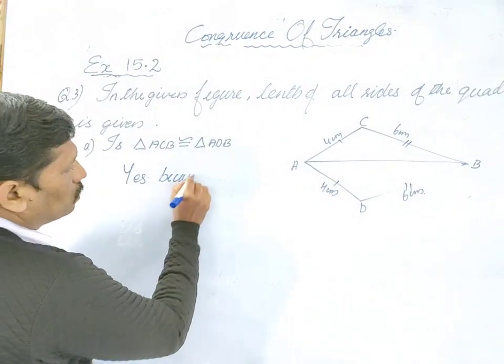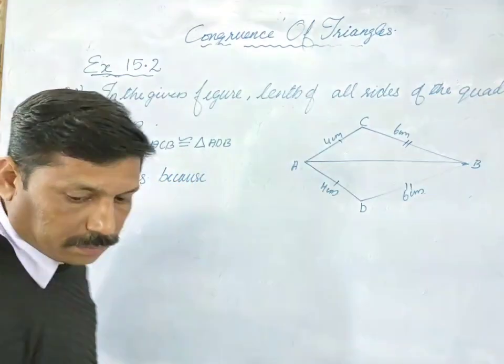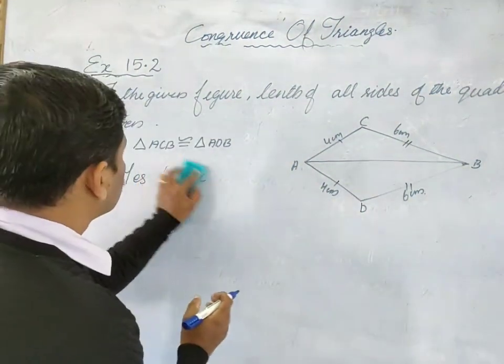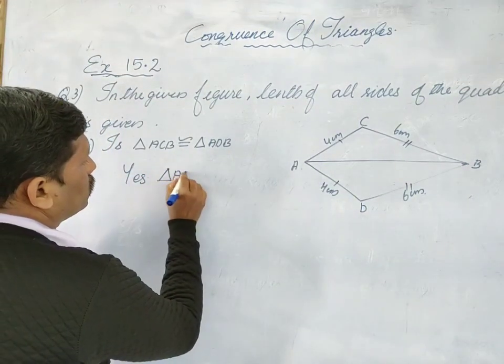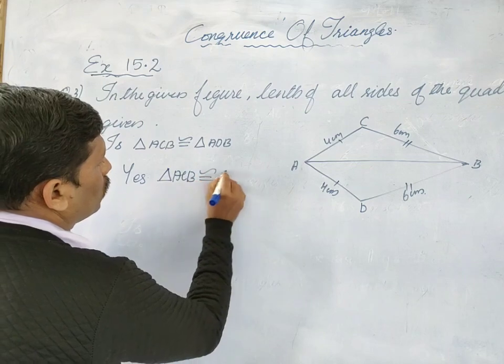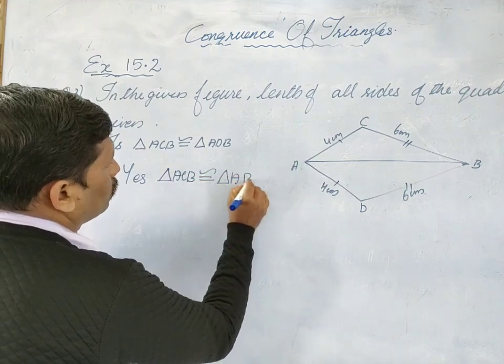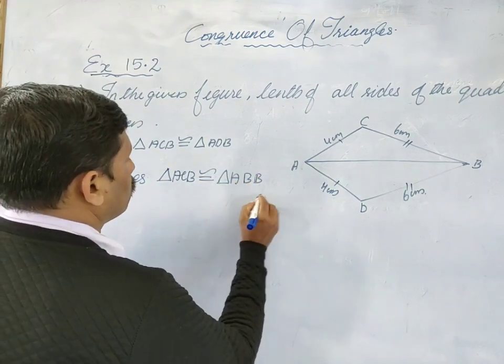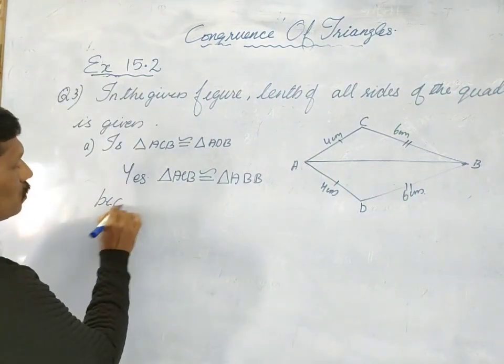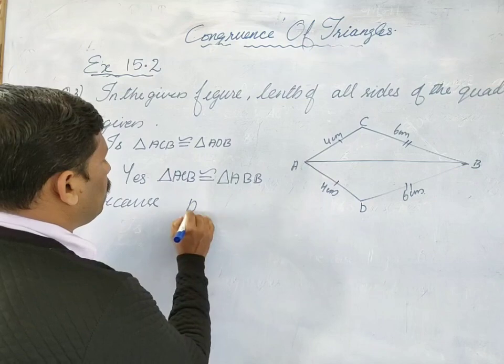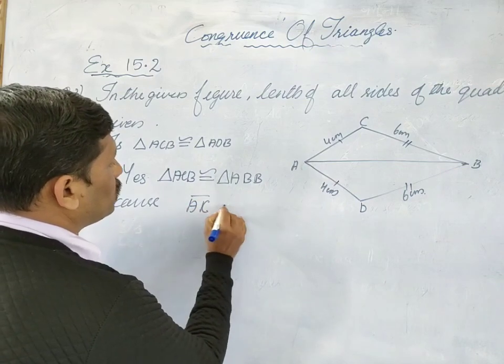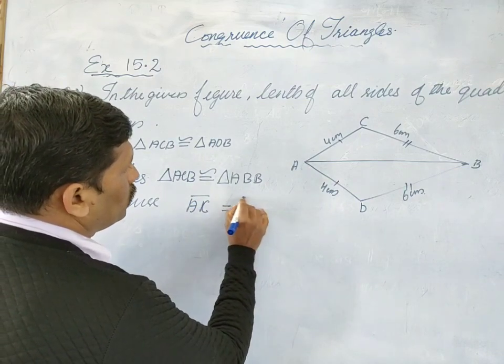because triangle ACB is congruent to triangle ADB because here side AC is congruent to side AD.